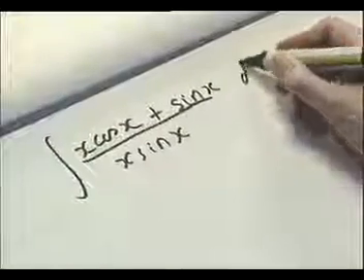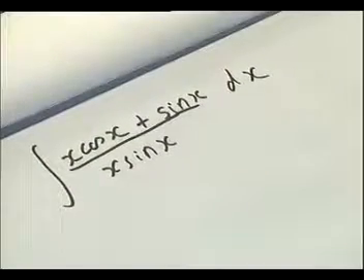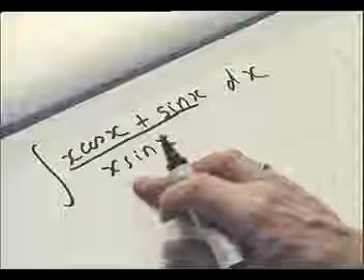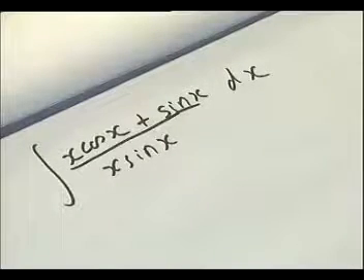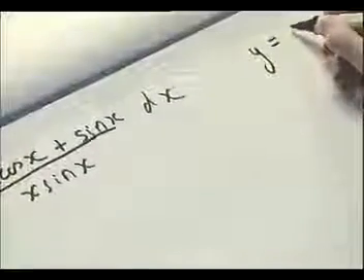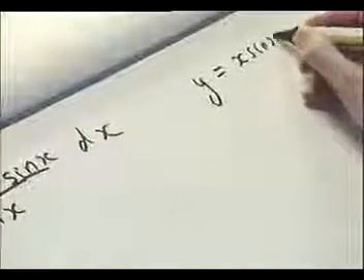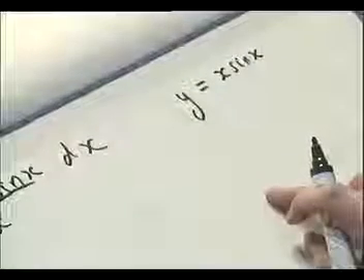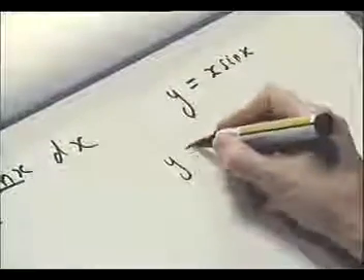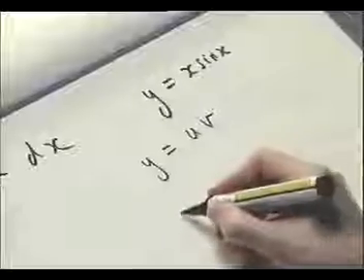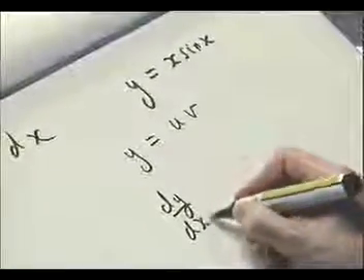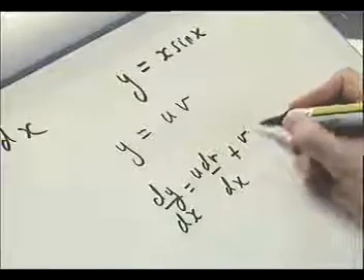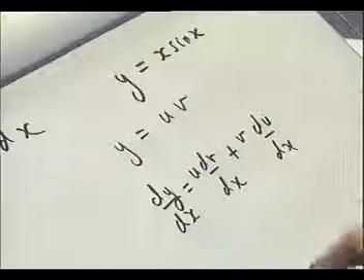So let's have a look at this. It looks quite fearsome as it's written, but let's just think about what we would get if we differentiated x sine x. And I'll just do that over here. Let's say y equals x sine x. Now this is a product. It's a u times by a v. So we know that if y equals uv, when we do the differentiation, dy by dx is u dv by dx plus v du by dx.